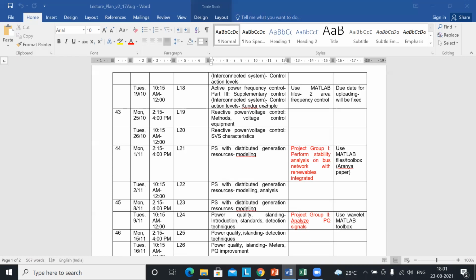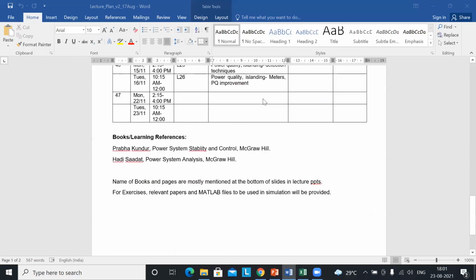Okay. So this is what we had, and lastly, although you have several books on power system dynamic analysis, stability and control, I must say the book by Prabha Kundur is a very good book. It was written long back, three decades back, but it's a very good book.